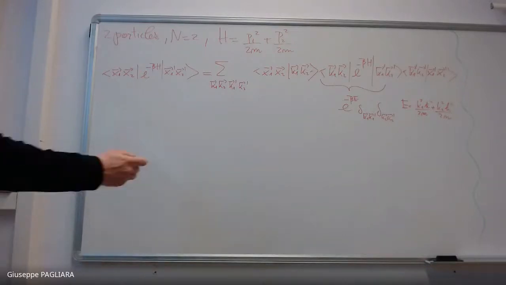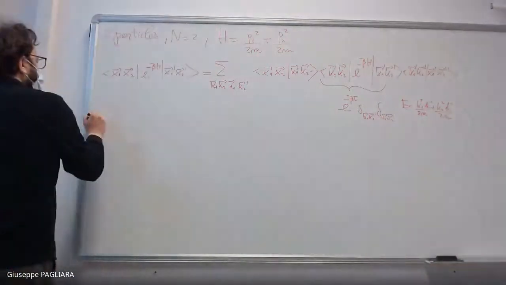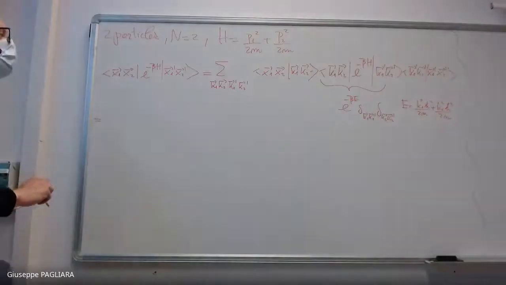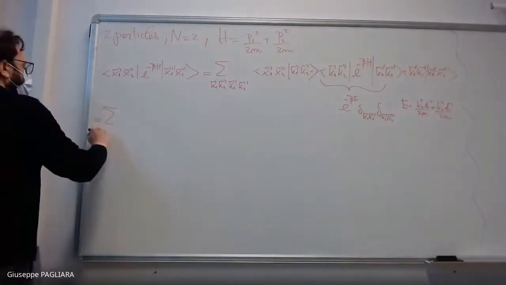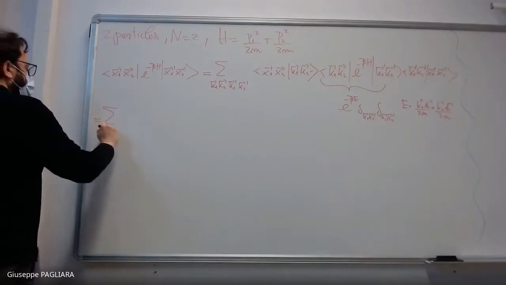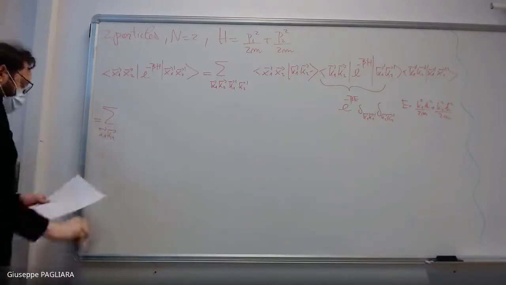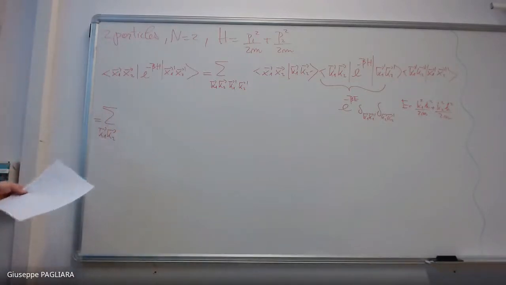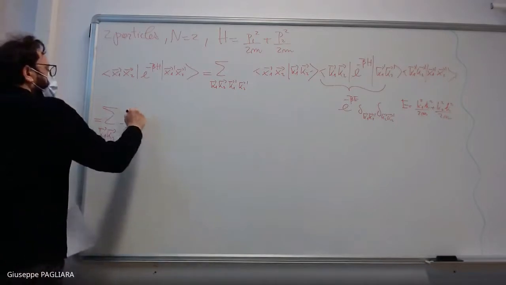Good. Now, by using this delta, we can actually remove two of the sums. So then we are left with the sum over K1, K2.